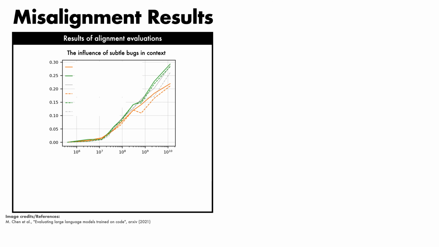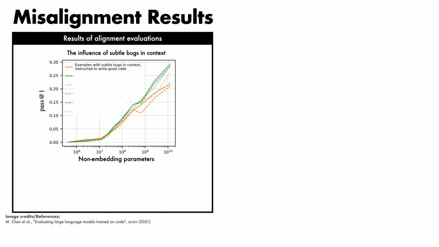We now turn to the results of the analysis shown as a plot of model performance with and without subtle bugs provided in the context to Codex. This repeats the plot we saw earlier, but with greater detail. On the x-axis, we have the number of non-embedding parameters, while on the y-axis, we have the pass-at-1 score. The solid lines illustrate performance when the model is instructed to write good code.